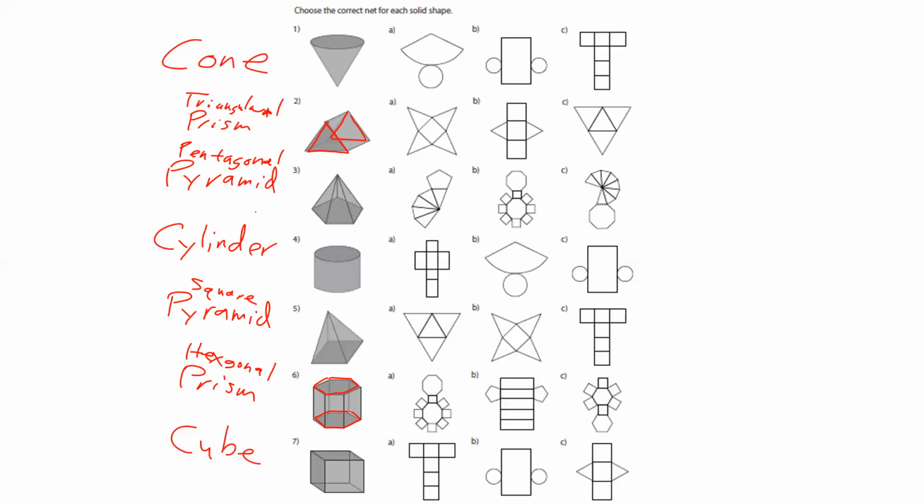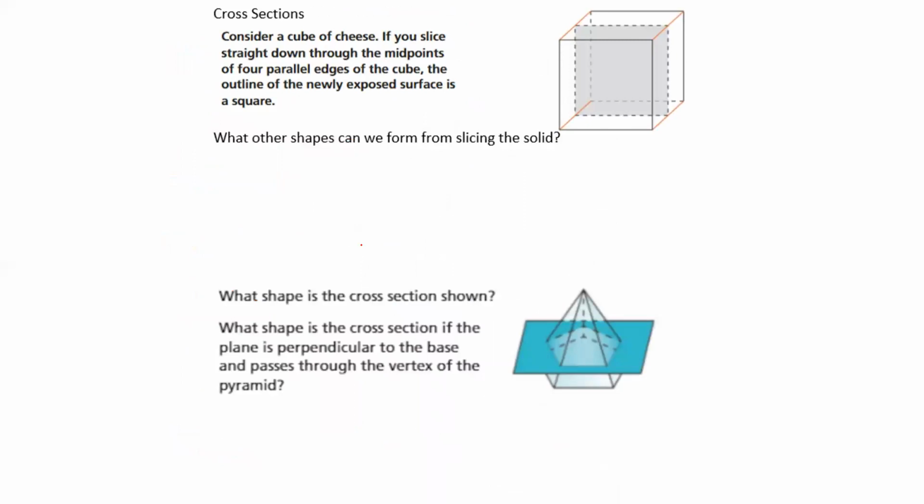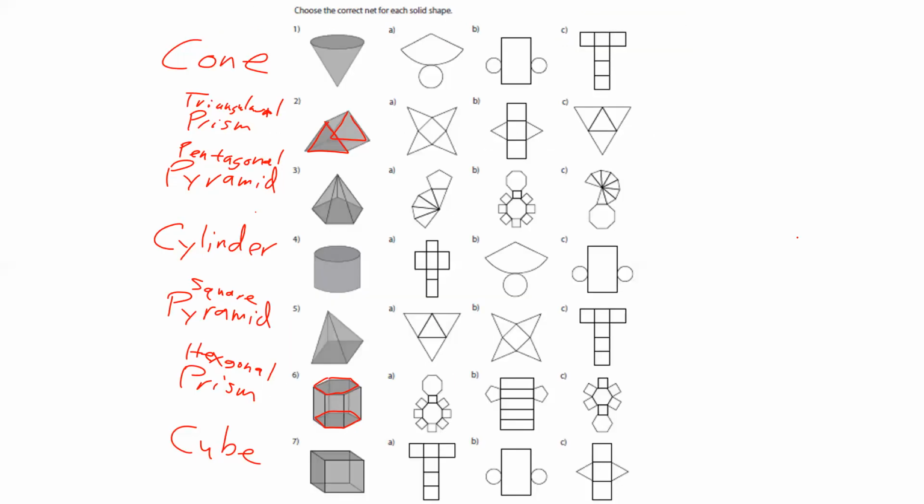If you look at the one up here, A on this first one. All right, so on that first one, A is our correct shape. Now, the rest of these, again, you have your nets, go through real quick, see if you can identify which net you think each one is.